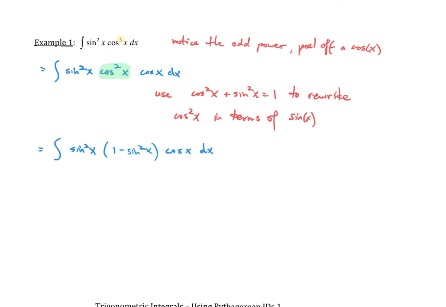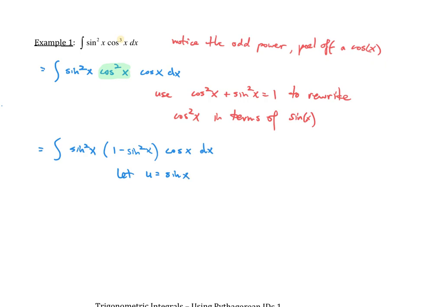Well, the reason why we're in fantastic shape is that this integral is now set up perfectly for a u substitution. In other words, I can let u be the sine of x, and then the derivative of u is sitting right off to the side here. So let's do it. We're going to let u be equal to sine of x.